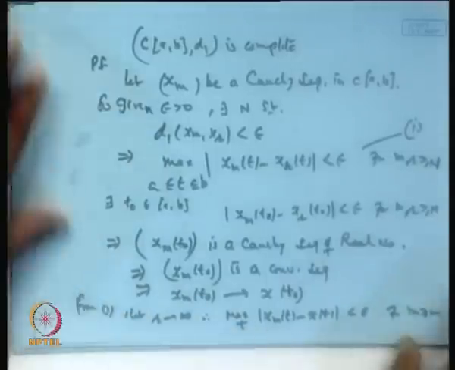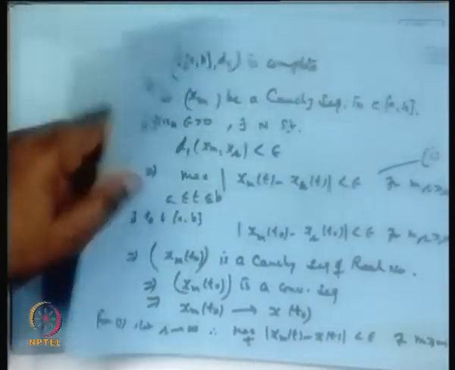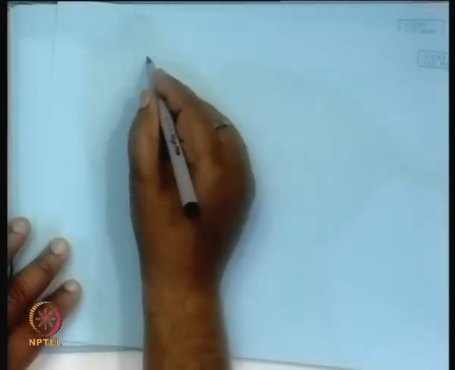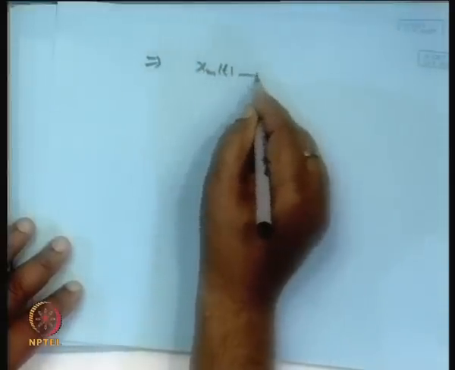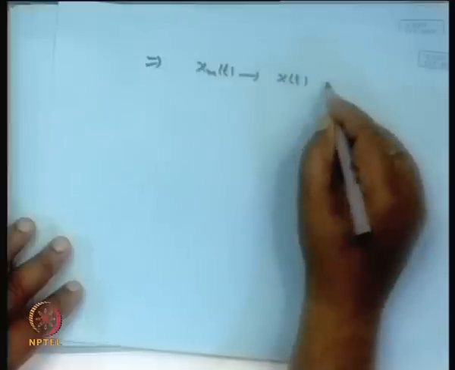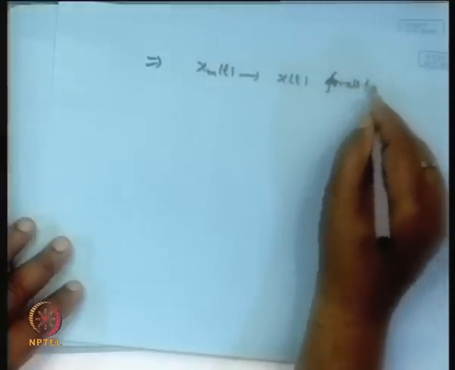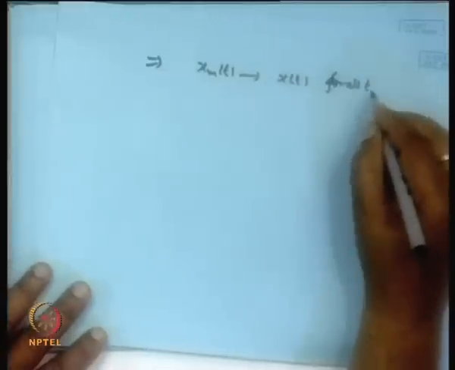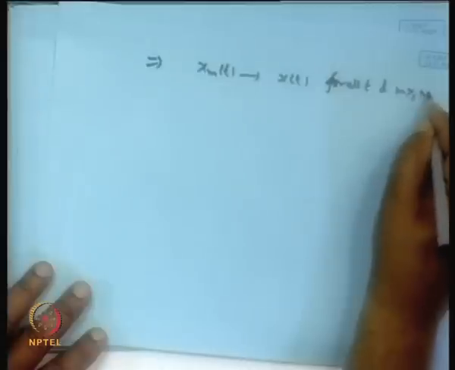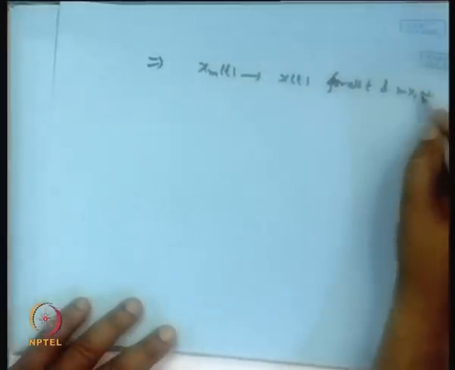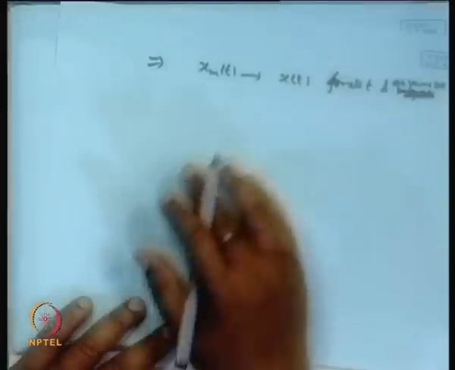Now, does it not imply that x_m(t) converges to x(t) for all t, as m tends to infinity? Agreed or not?